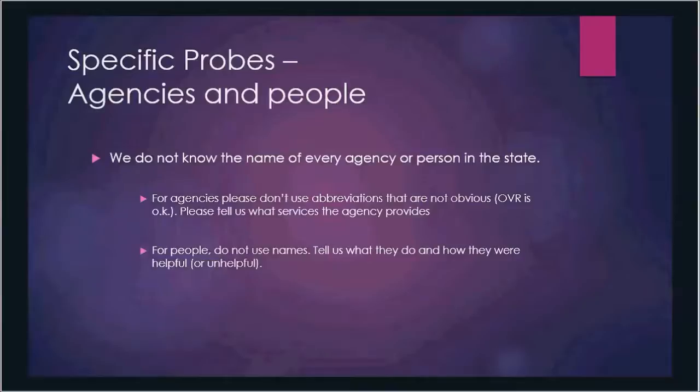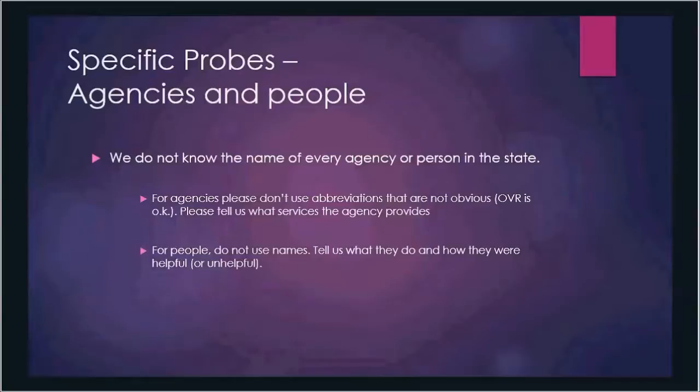Some specific probes. When we talk about agencies and people, remember that we don't know what every agency is in the state, particularly when you use abbreviations. Please try not to do that. You can use OVR. We all know what OVR means, but sometimes we get text responses, and our person that does our qualitative analysis will come over to me and say, well, what does KYWILC stand for?